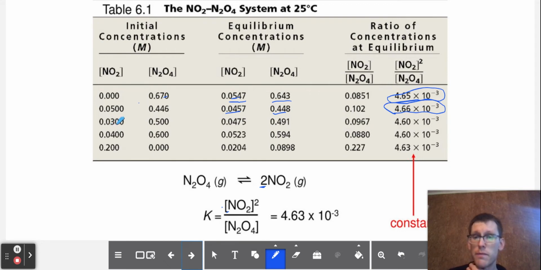And if we start with even different concentrations, we'll still end up with concentrations such that you do this math and you'll get the same equilibrium constant. Now, if you're paying close attention, I know you'll notice that the hundredths digit is going to be a little bit different among all of these. Chalk it up to experimental error. These are essentially statistically identical values.